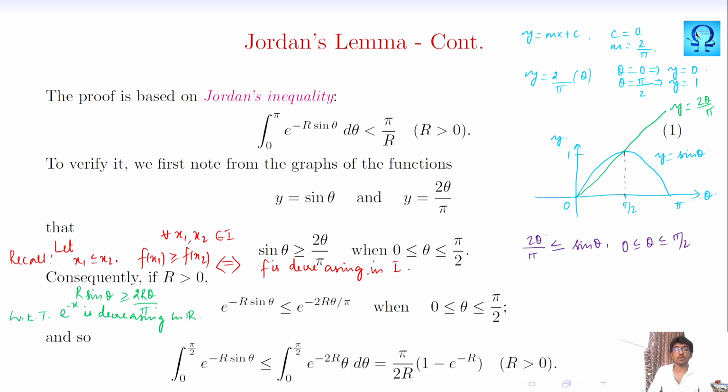So if it is true on the entire real line, then it is true on some subintervals as well. Now in this interval, I am going to apply this result. So what am I going to get? e to the power minus r sine theta is smaller than or equal to e to the power minus 2r theta upon pi. So this is what I am going to get. Now these are real valued functions, so the things that we have here are real valued.